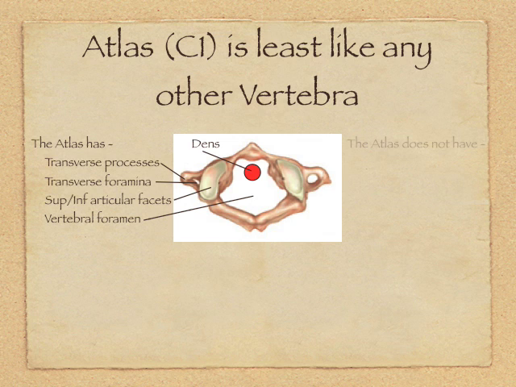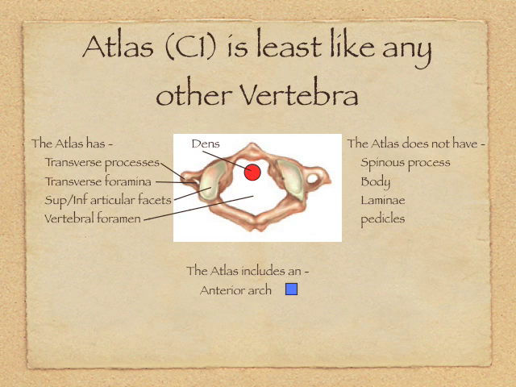What it doesn't have is a spinous process. It doesn't have a body. It doesn't have lamina or pedicles. The features that create the ring here are unique to this atlas, and they include the anterior arch, which is the one that fits right up against the dens.